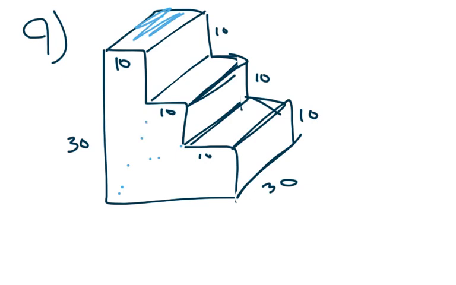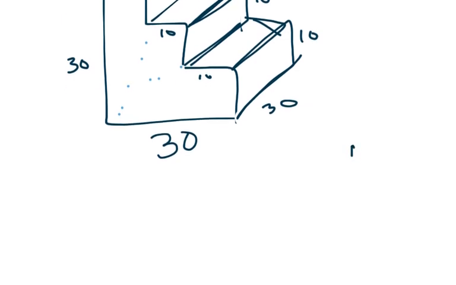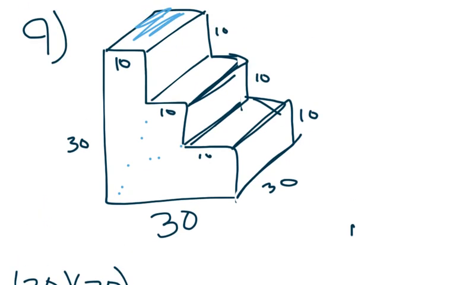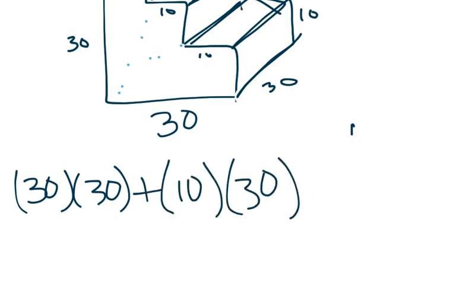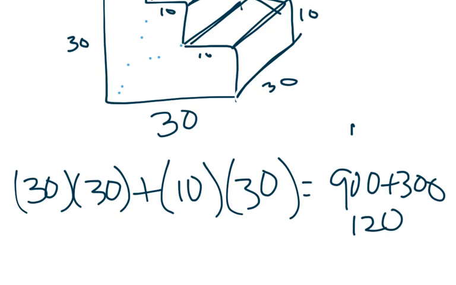So let's see, we know the bottom is 30 by 30, and the top is 10 by 30. So plus 10 times 30. Okay, so that equals 900 plus 300, and that is 1200. So that's top and bottom.